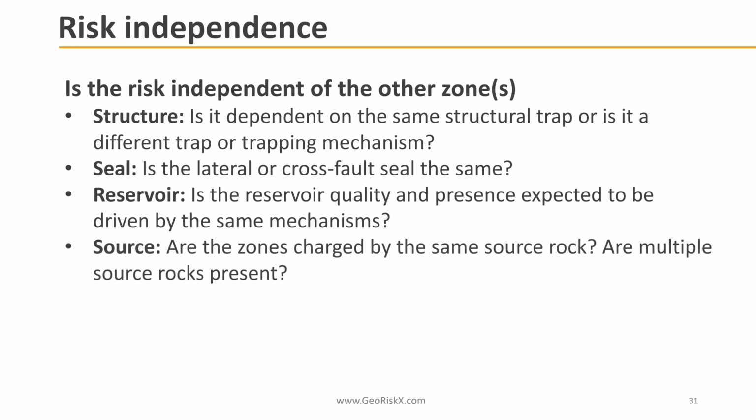For source rock, are the zones expected to be charged by the same source rock, or are there multiple source rocks present? If they're all depending on the same source rock, then source is a common risk. Source and migration are probably two of the most regular common risks that we encounter, because often there will only be one source rock in an area that'll have charged all of the zones, and so it will be a common risk in your wells.